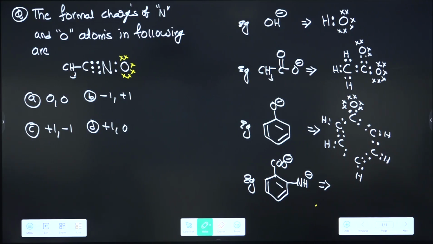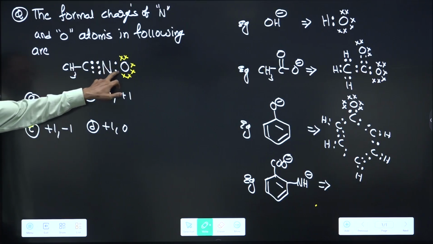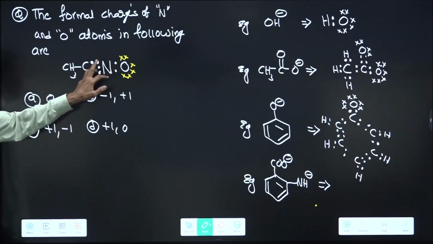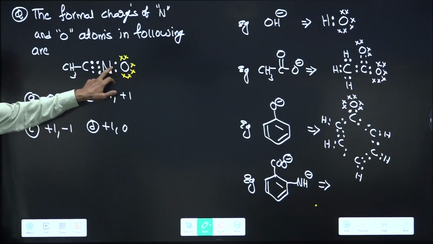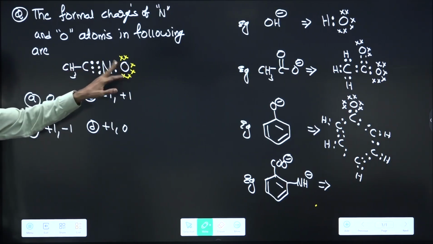What is your answer? +1 and -1. Apply the formal charge formula, you will get the answer. Very easy. Here see, no lone pair, but additionally 8 electrons are there. So nitrogen: 5 minus 0 minus 8 by 2. 5 minus 4, you will get +1.